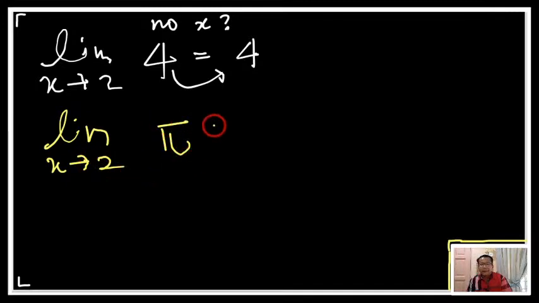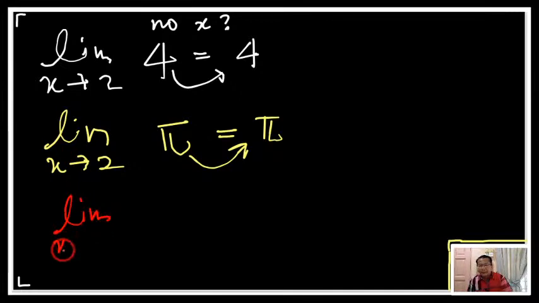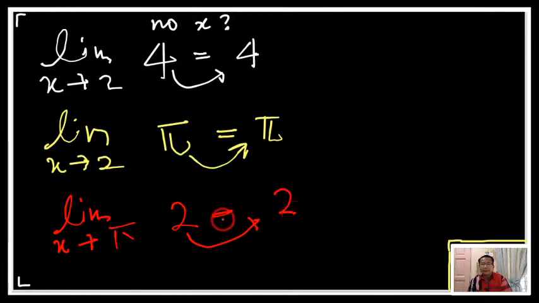So no x, so the answer is pi. Whatever is here, you just copy. And then another example, limit as x approaches pi of 2. Now pi is here and 2 is here. So the answer is not pi but 2.